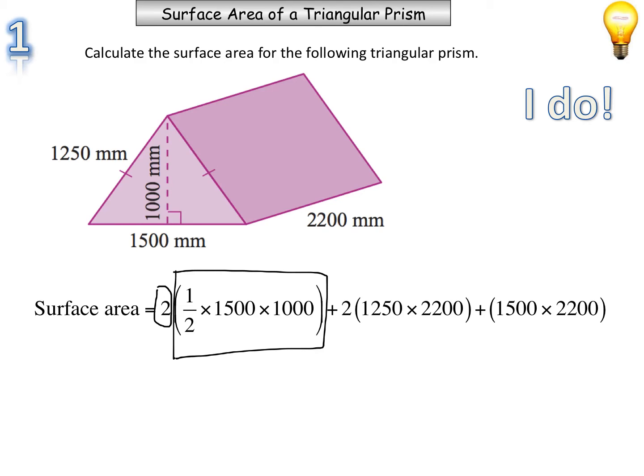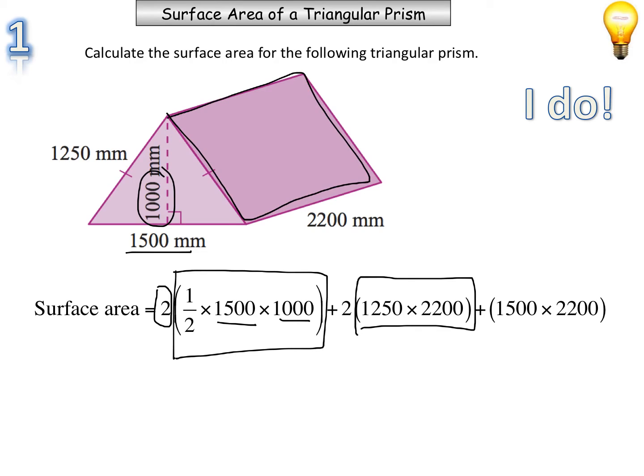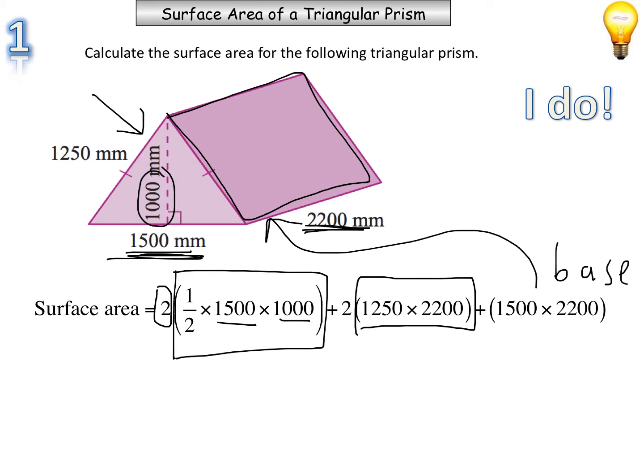So a half times base times height, there's your base, there's your height, so there's your 2 triangles. And this particular calculation is that rectangle, and I've multiplied it by 2 because I've got the same area on the other side, on that side there. And then the base underneath is 1,500 multiplied by 2,200. So that one here is the base of that prism.